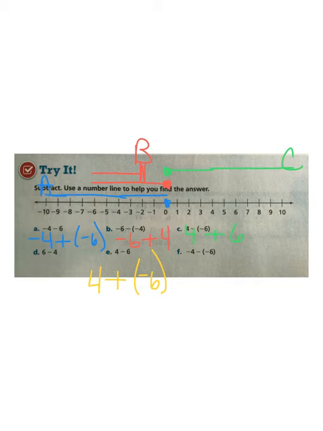And the very last one that I would suggest changing here, and I want you to find the values of D, E, and F, would be we keep our -4, we change to addition. The opposite of a -6 is a +6. And you will see that I believe that would be 2.